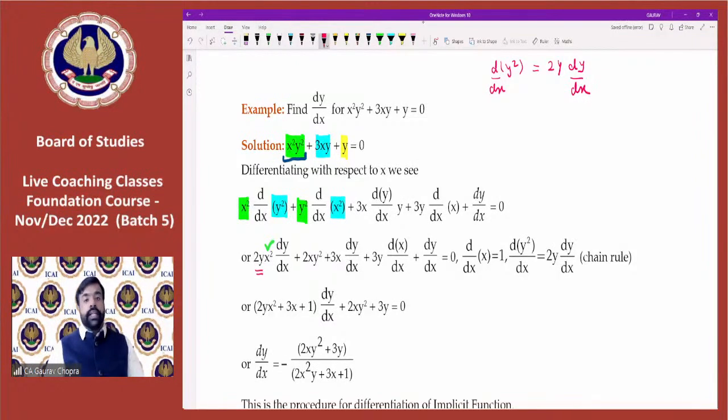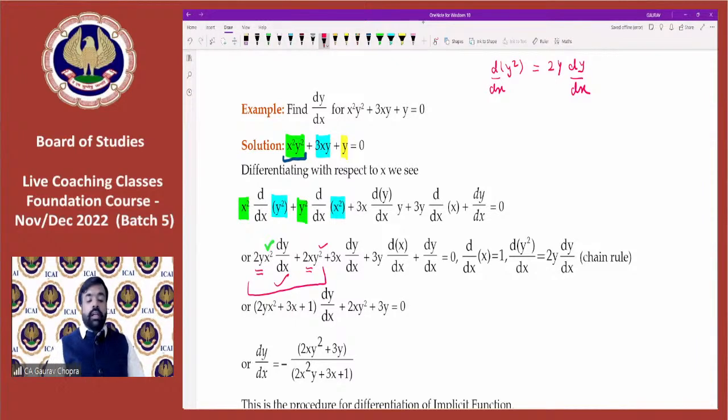So it is 2y dy by dx. Then secondly, y square as it is, and for x square it becomes 2x. Here dy by dx will not come because we are not differentiating y square now. We are differentiating x square. So we have done the first portion.